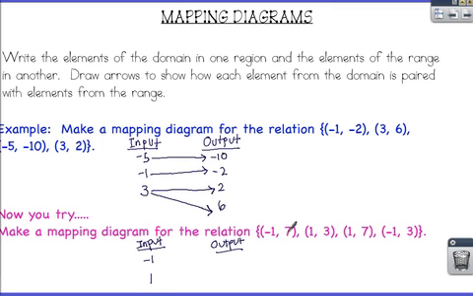Our outputs are 7, 3, 7, 3. So again, it's just those 2, 3 and 7. We'll write it from least to greatest. Then we draw our arrows. -1 to 7, 1 to 3, 1 to 7, and -1 to 3.